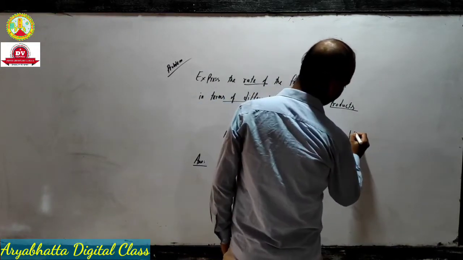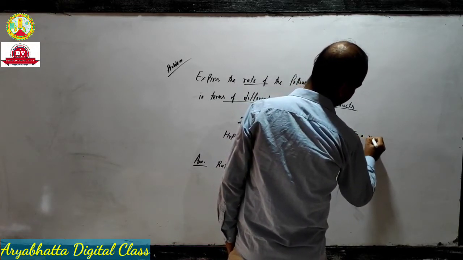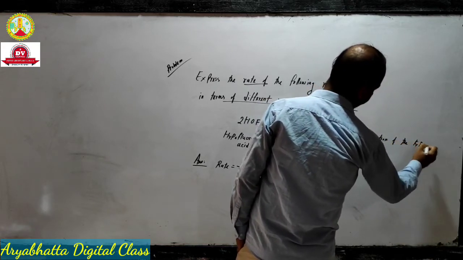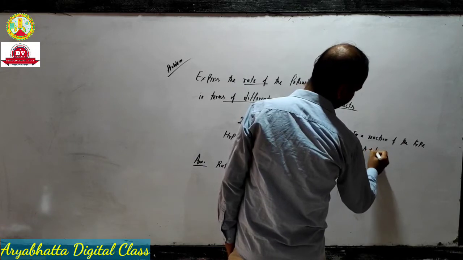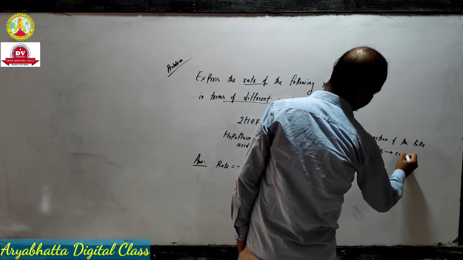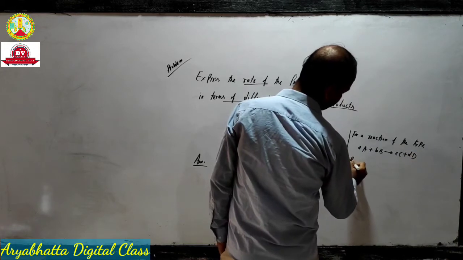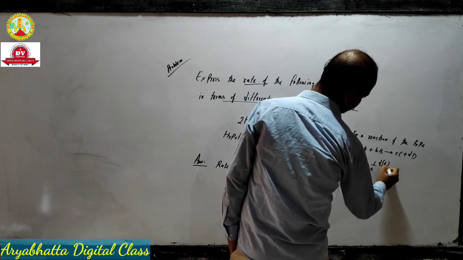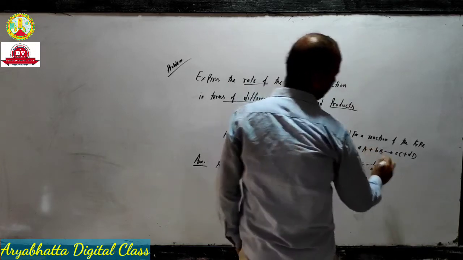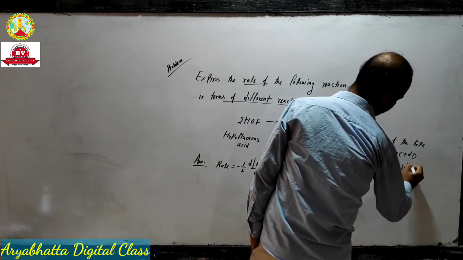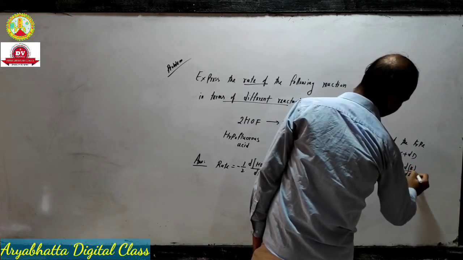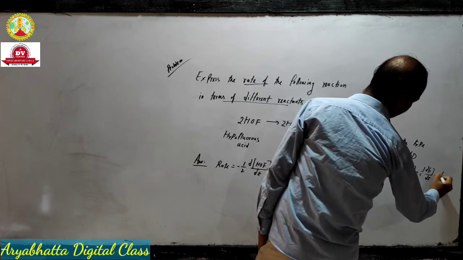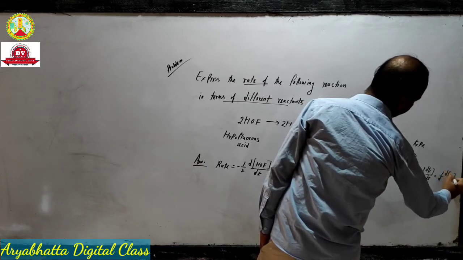Now I gave a formula for a reaction of the type. Look at this formula in the last class. For a reaction of the type small a A plus b B gives c C plus d D, rate will be minus 1 by a dA by dt equal to minus 1 by b dB by dt equal to 1 by c dC by dt equal to 1 by d dD by dt.